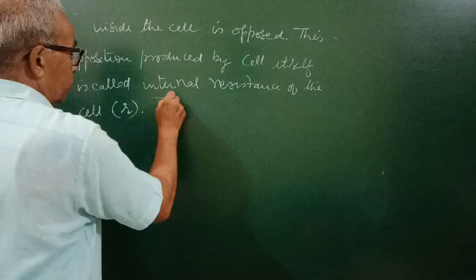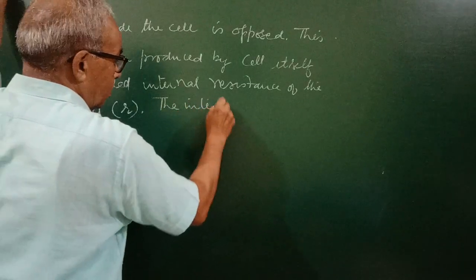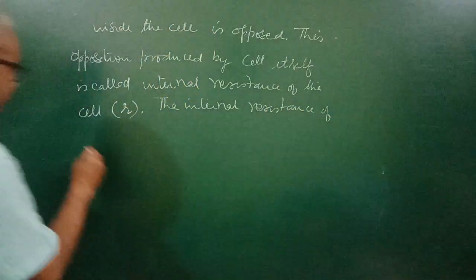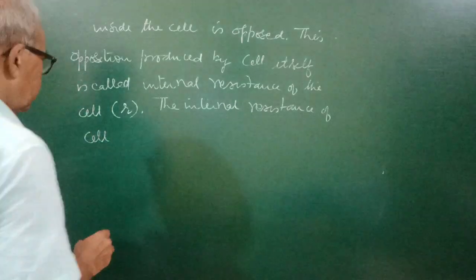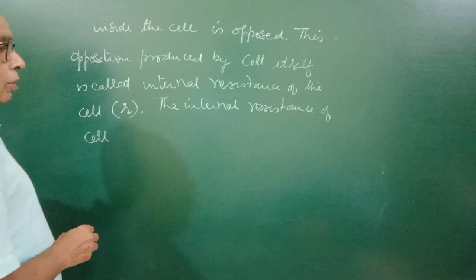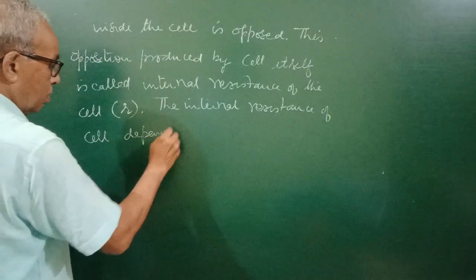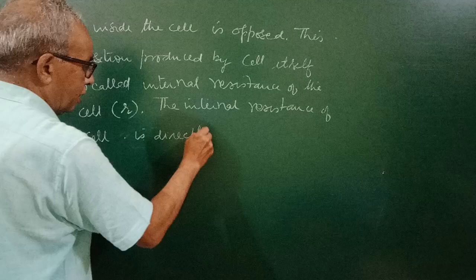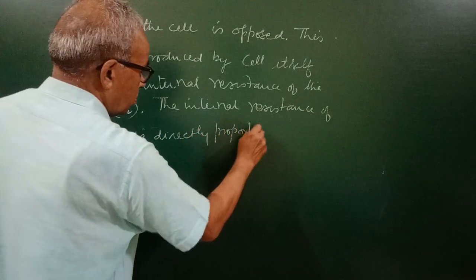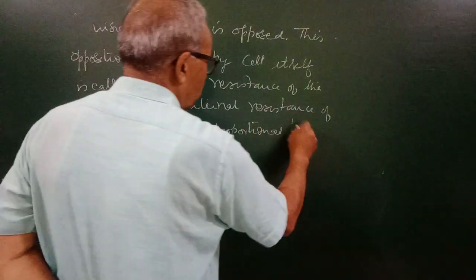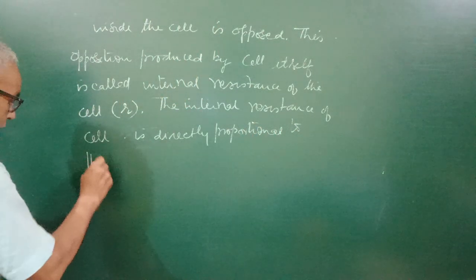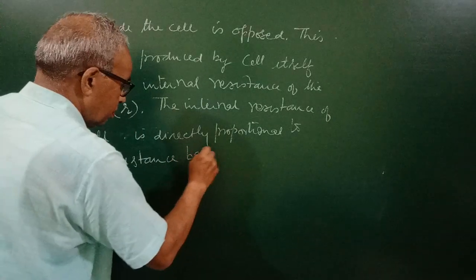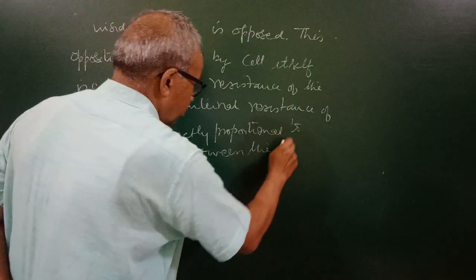Now the internal resistance of cell depends, yeah, I should say internal resistance is directly proportional to the distance between the electrodes.